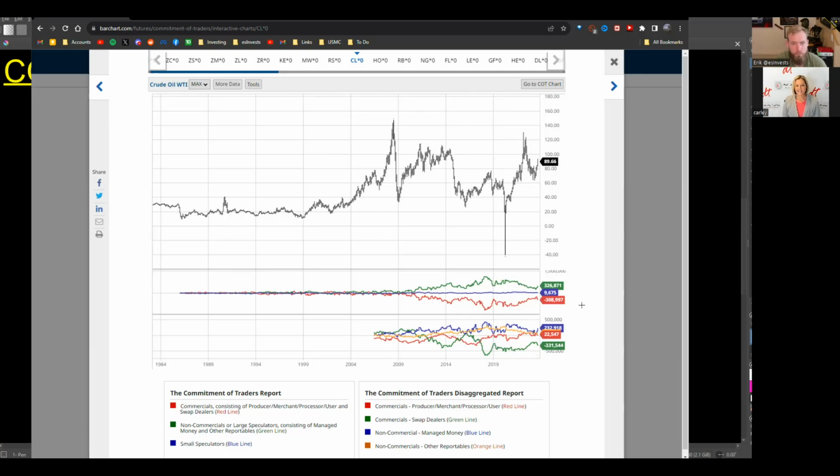To be honest, it's not something that I focus on. I glance at it. When I see small speculators, I glance to see what they're doing. Small speculators are generally, not always, but generally on the wrong side of the tape. Again, that's a generalization, so I'll look at them, but I really don't put a whole lot of my analysis into that.